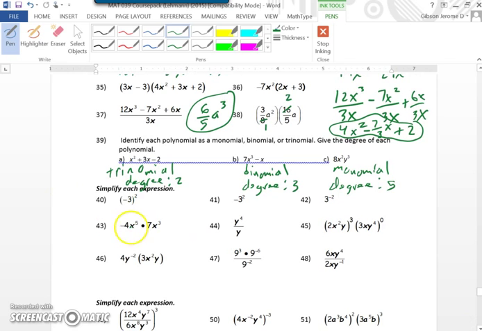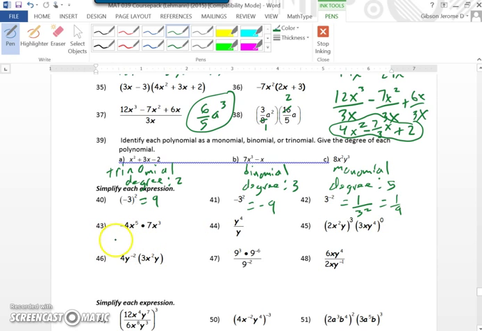Now we come here to problem 40. It says simplify each expression. In parentheses, we have negative 3 squared, that's 9. Negative 3 squared, that's not in parentheses, we know that will be negative 9. Now for 42, 3 to the negative 2 power, we know that would be 1 over 3 to the second power, which would be 1/9.